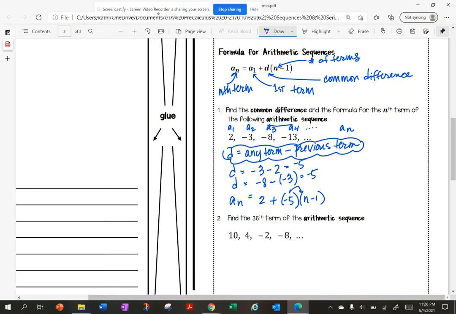So I'm going to distribute this -5 across these two terms. So I get a sub n equals 2 minus 5n plus 5. I'm going to combine like terms, and I get 7 minus 5n. A lot of times we write the variable first, but since the variable is negative, we usually write the constant first. But the order actually doesn't matter.